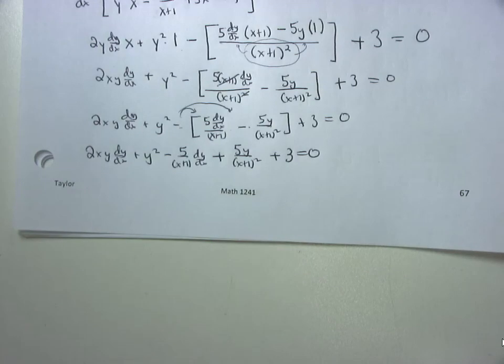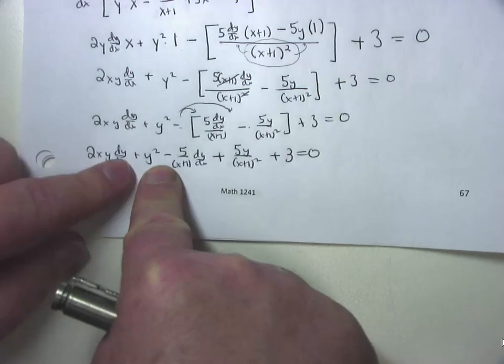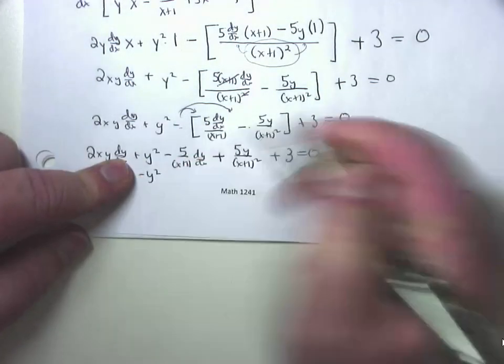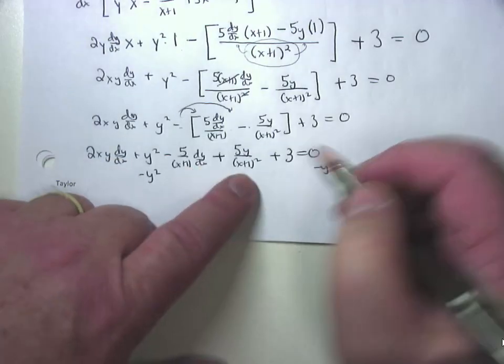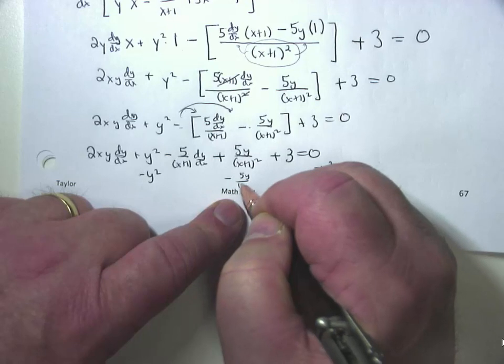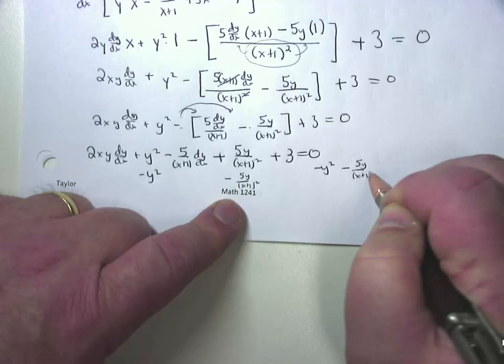What's your mission on every one of these problems in section 2.6? Solve for dy over dx. Well, how do you solve for dy over dx? You get all the terms with dy over dx on one side, and you move all the other terms to the other side, all the terms without a dy over dx. Well, this one has a dy over dx, so I'm going to leave it there. The y squared does not, so I'm going to subtract y squared from both sides. This has a dy over dx on it, but this one doesn't, so I'm going to subtract the 5y over x plus 1 squared.